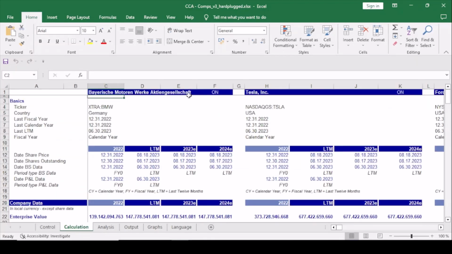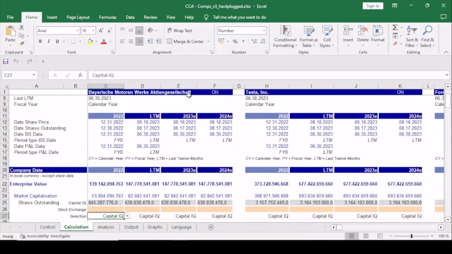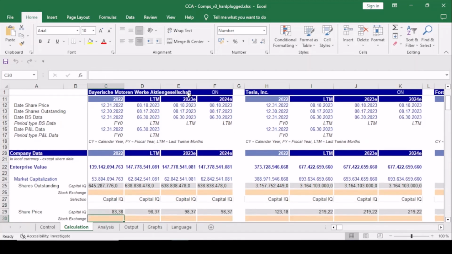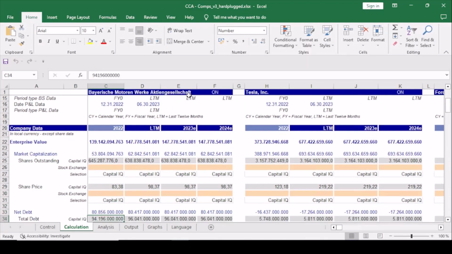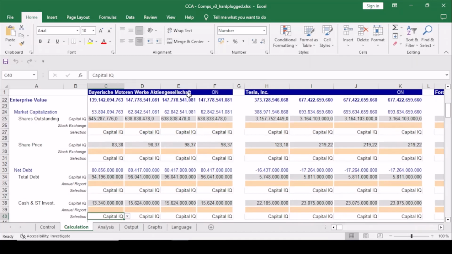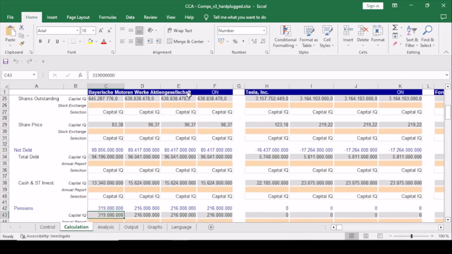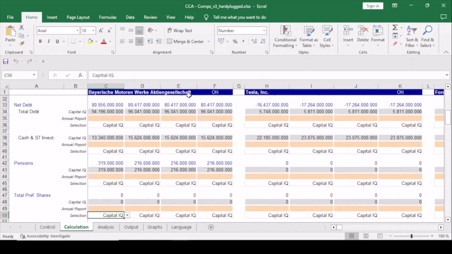Next, we build an input and calculation sheet to collect all necessary data utilizing a data provider and also introduce manual input fields with a switch to edit certain data points. The purpose of the sheet is to calculate and collect the key inputs for the multiple calculation, EV, and the respective profitability KPIs.